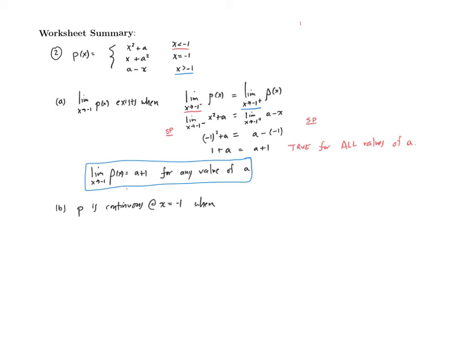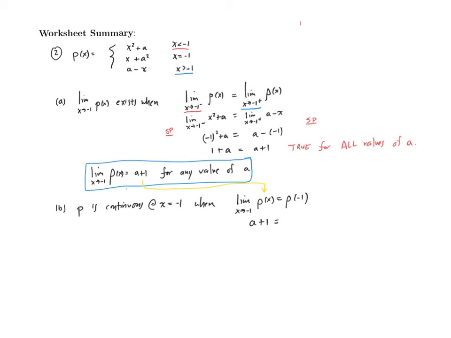The precise definition of continuity would be when the limit as x approaches minus 1 of the function is equal to the function value at minus 1. And note, we don't have to work too hard for that limit value at minus 1. That's precisely what we found in part A. That limiting value is always going to be a plus 1.